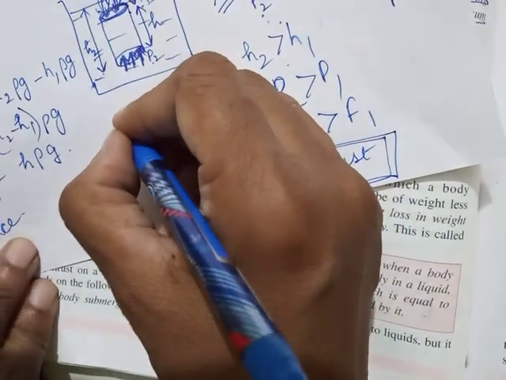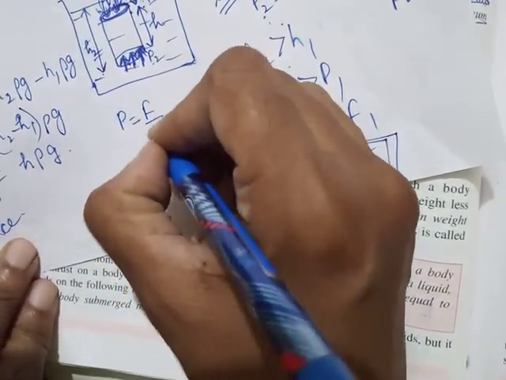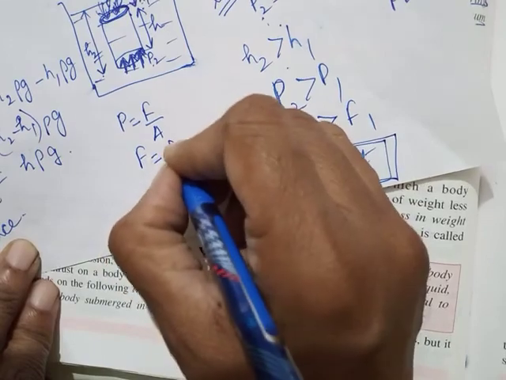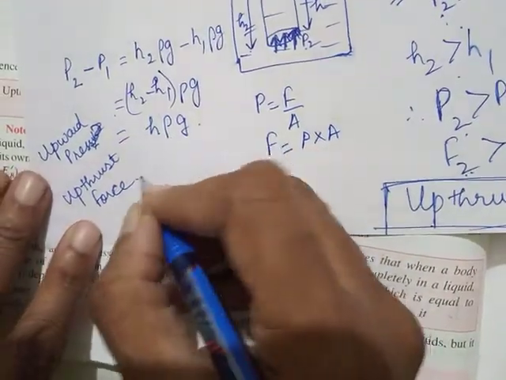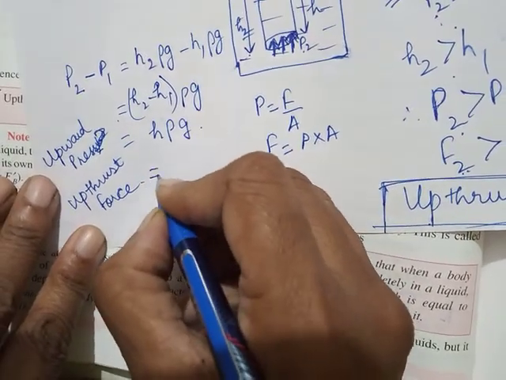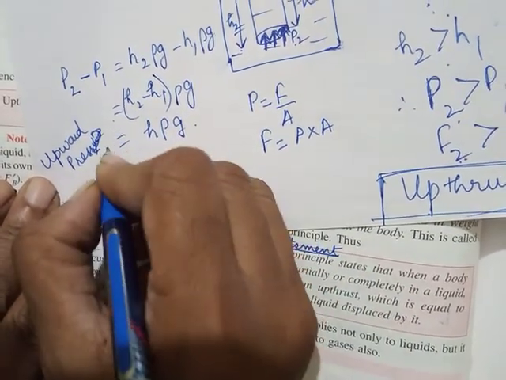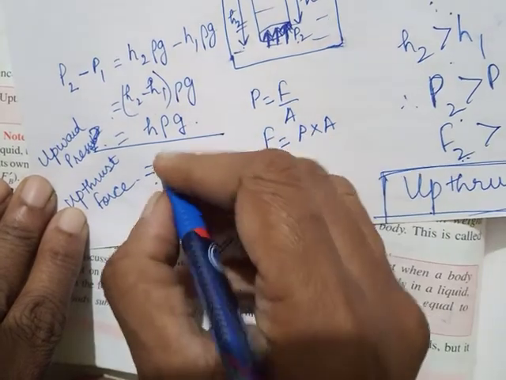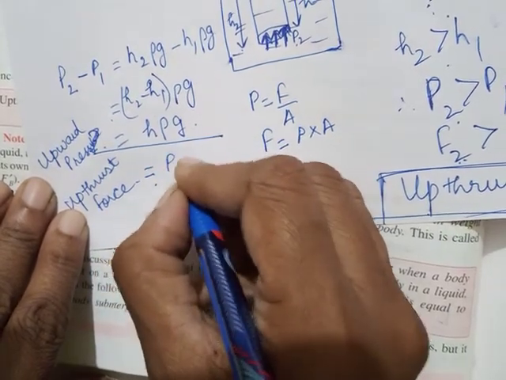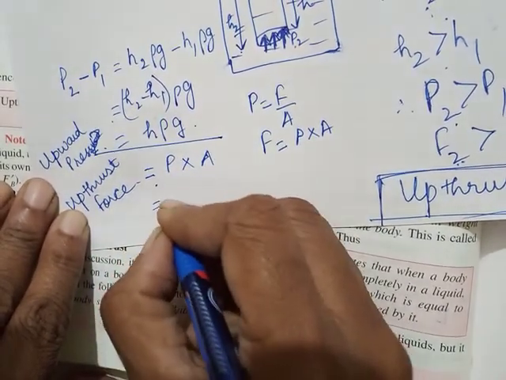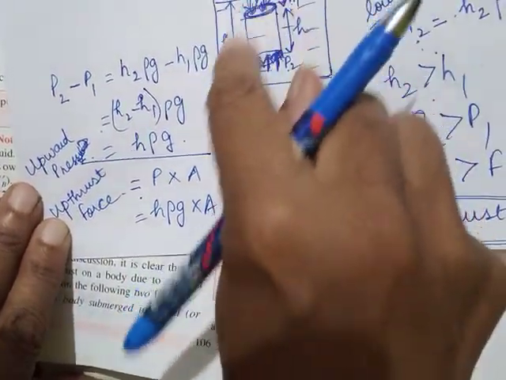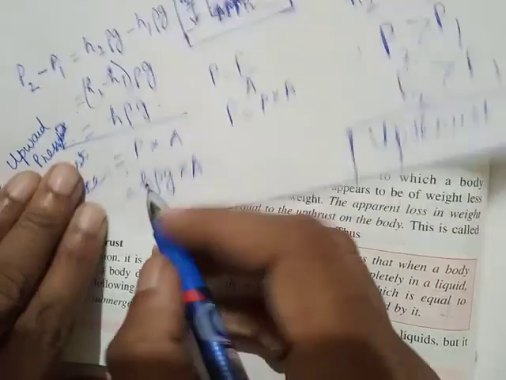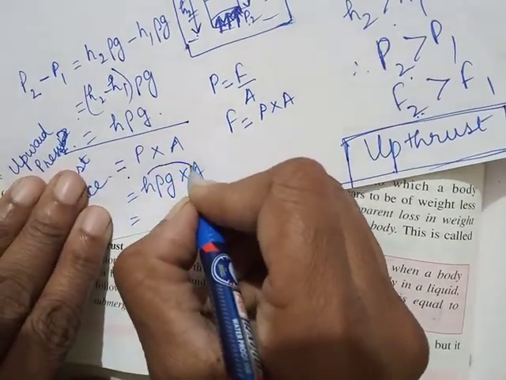And we know that pressure is force upon area, or force is pressure into area. This is pressure, but we need force. So pressure into area: pressure is H rho G multiplied by, let us take the area of the cylinder to be A.